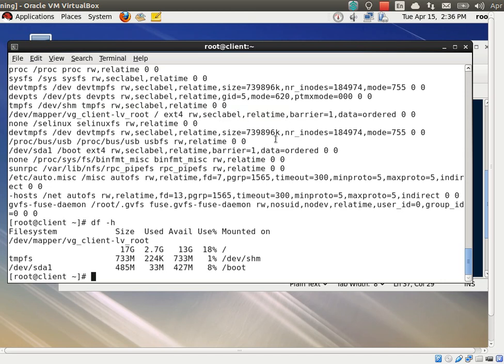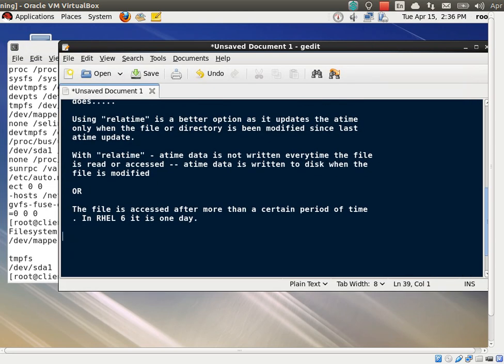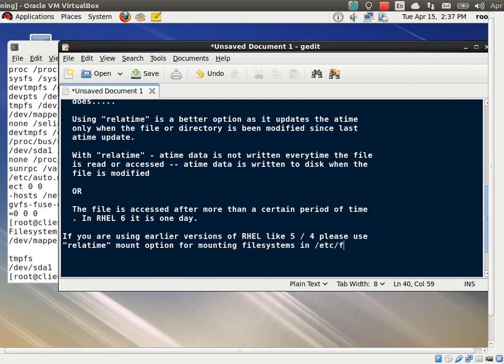So by default it is there in RHEL 6, but if you are using RHEL 5 or any other earlier version of Linux, like 5 or 4, please use the relatime mount option for mounting file systems in /etc/fstab.